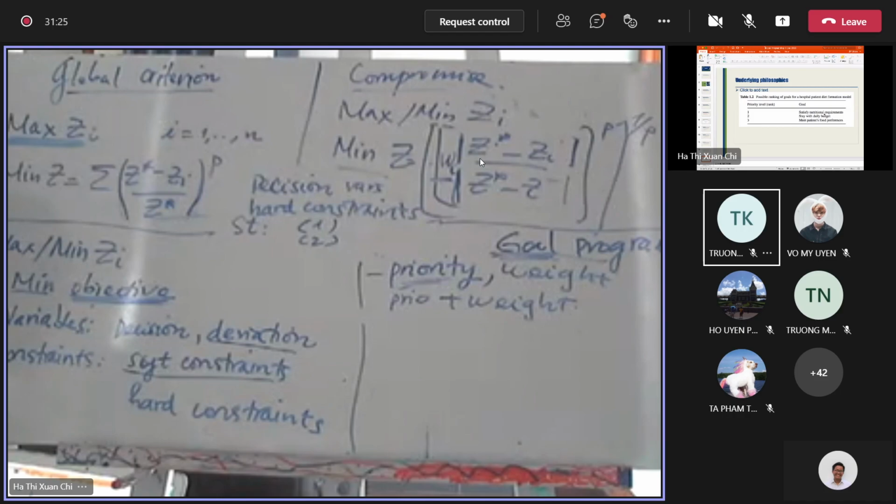So the question is how we can define the priorities. Everyone, what do you pay attention to when you give the priority? Can you give me an example when you have many goals? First of all, can you give me like 3 goals?